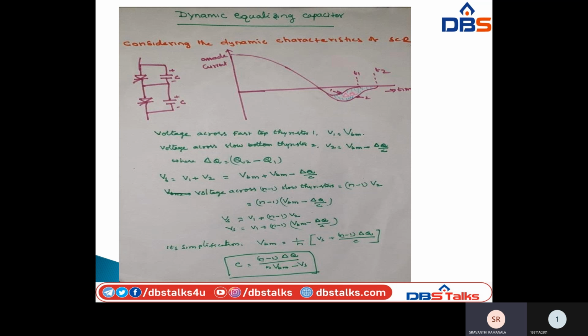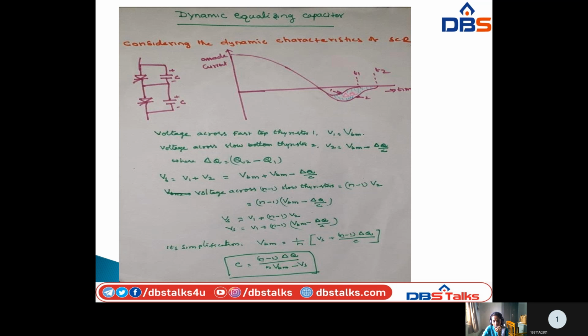If you want to calculate the capacitor, then when you are connecting thyristors, the voltage across the first thyristor will be V1 equal to VBM.